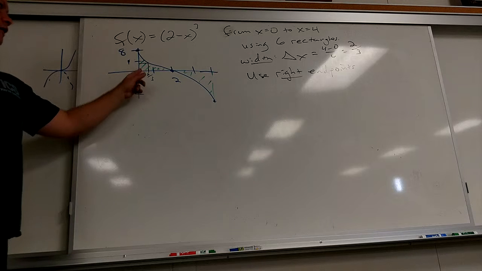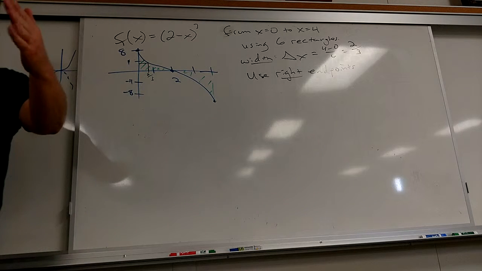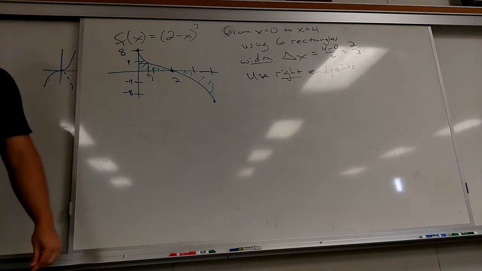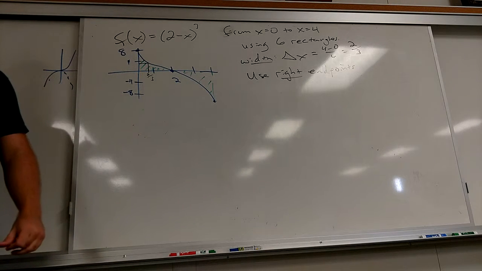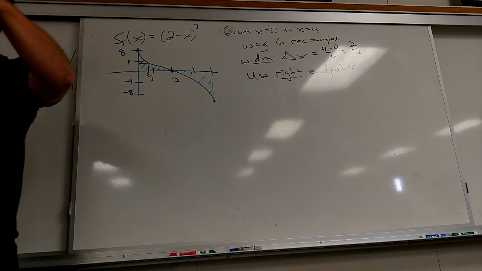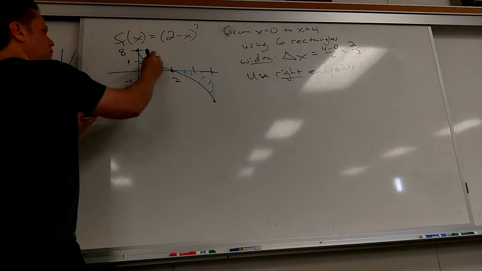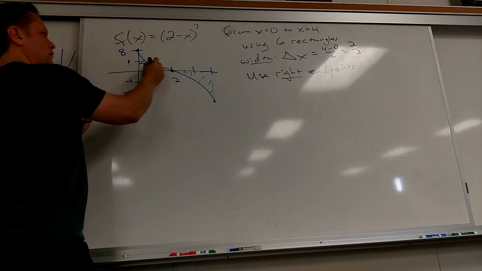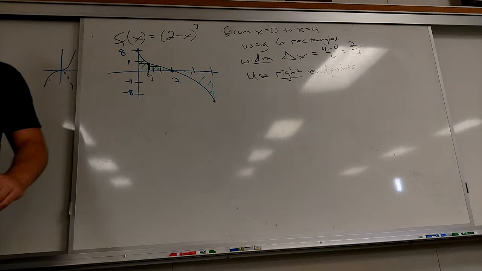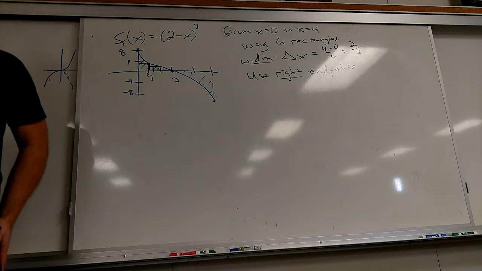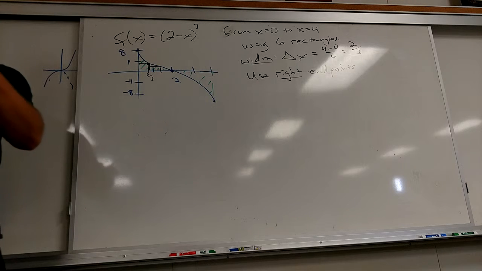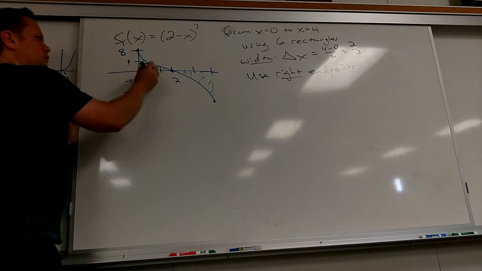So the area of that rectangle would just be the width times the height. And what's the height for every rectangle going to be? No, the width is going to be delta x. What's the height for everything going to be? The height will be the function value, f evaluated at that. Don't make too much out of this. The width tells me where to go.